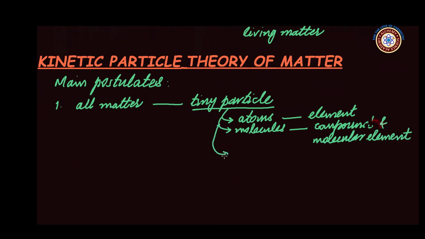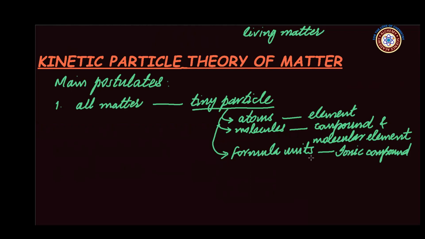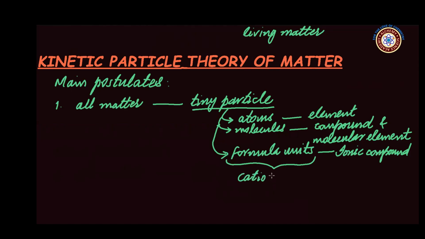And they can be formula units if the matter is an ionic compound. Keep in mind that each formula unit is actually a combination of cation and anion.